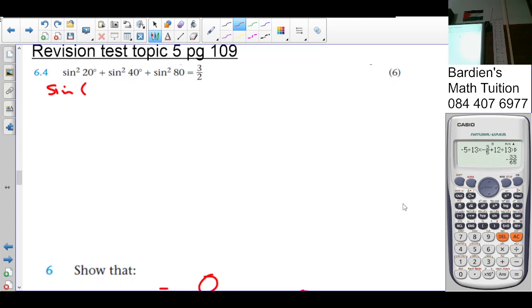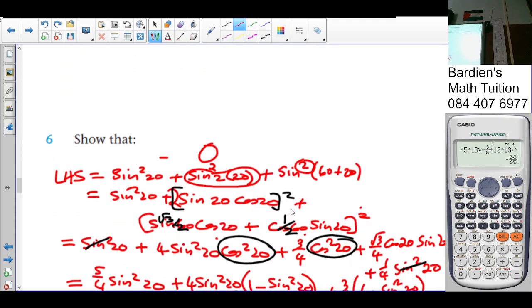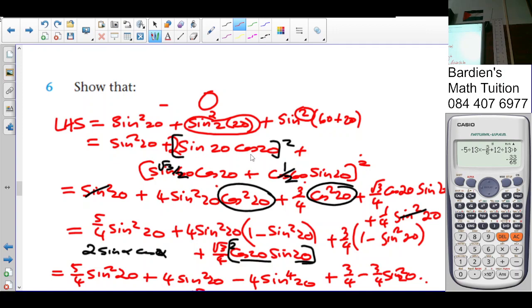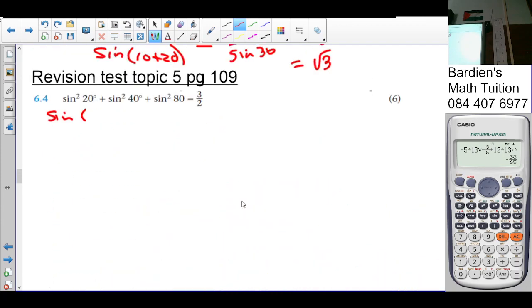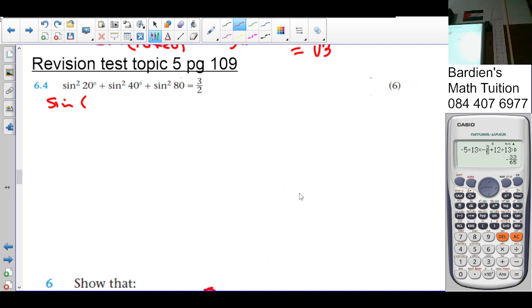Any of you get this right? Sorry? No. Let's sine 20, 1860.